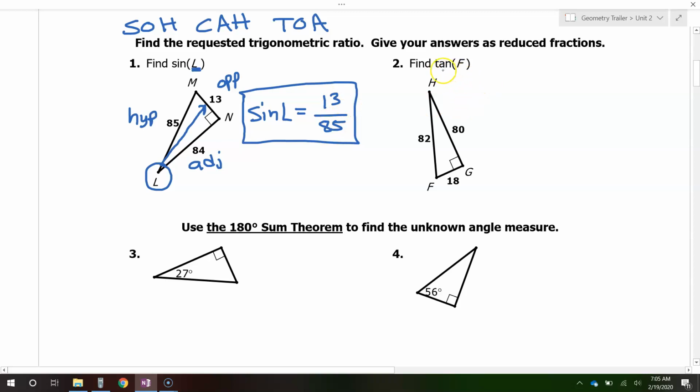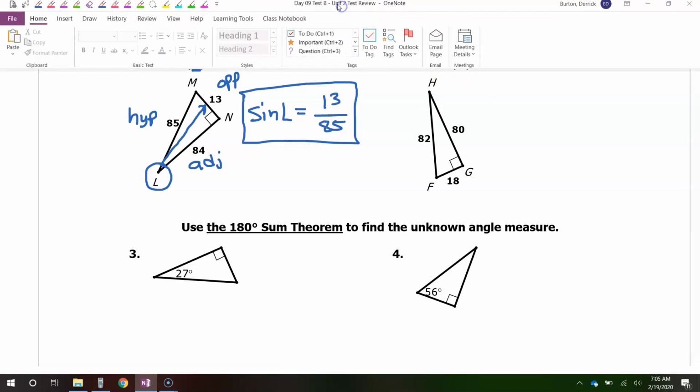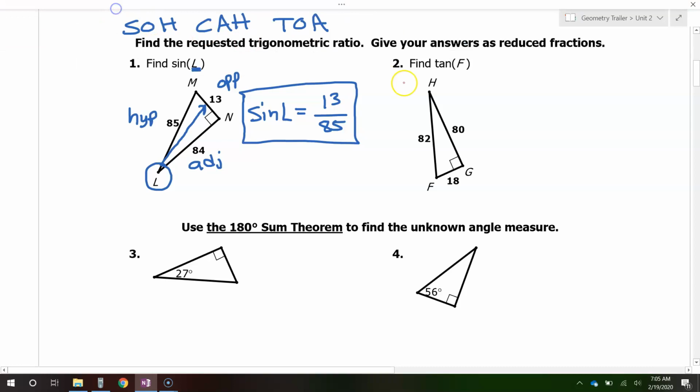So if I want to find the tangent of angle F, and so now we are talking about angle F, but start with the hypotenuse. So this is the hypotenuse because it's across from the 90-degree angle. Circle the angle that you are dealing with. Draw your arrow.